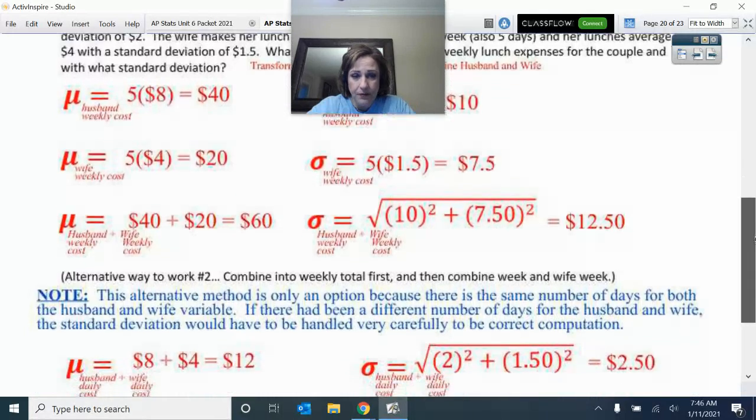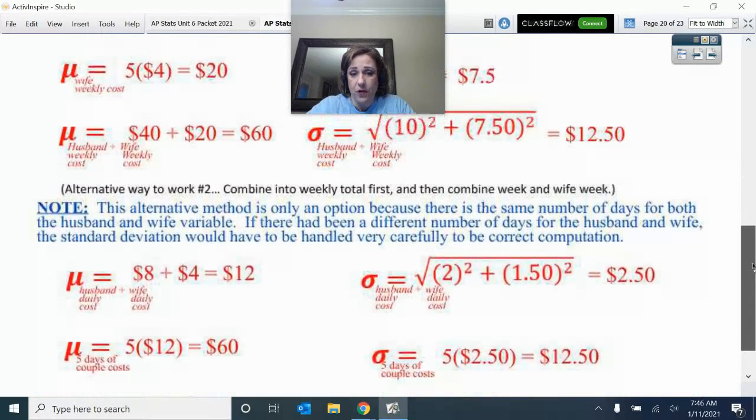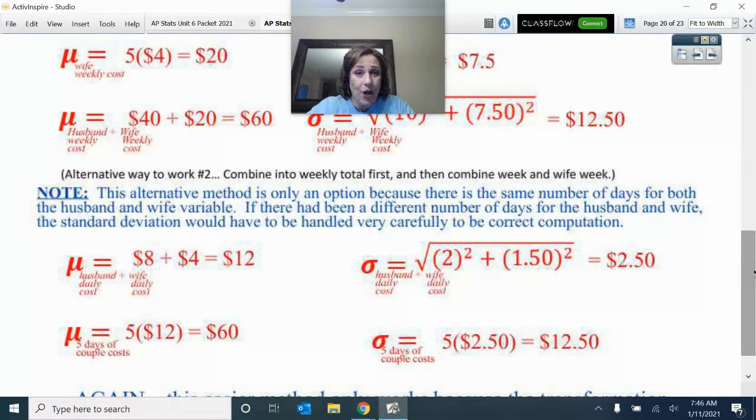Now, I mentioned this alternative way, but it only works because you can combine the husband and wife first and then combine their standard deviations first.